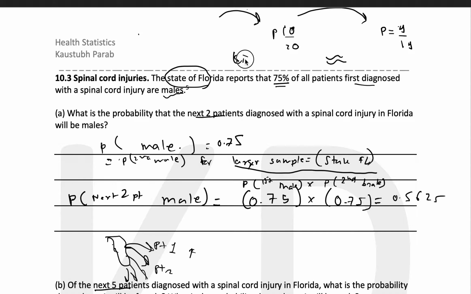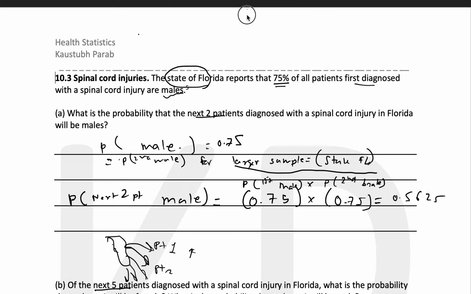So for a large sample, we consider these events to occur as independent events. So basically they occur independently. We have to make that assumption, but only when we have a larger sample. In this case, we have the state of Florida, so right away we know that's a larger sample.